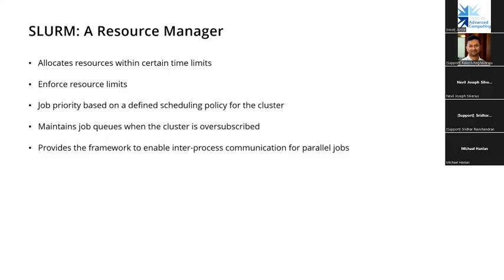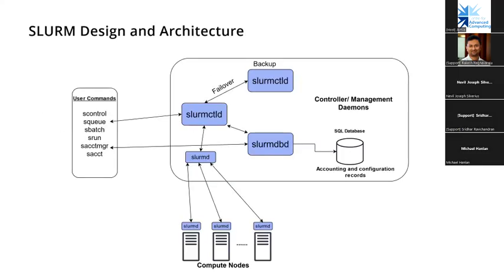And it also provides a framework to enable inter-process communication on the clusters. Typically, we have parallel jobs where each process is communicating with the others to run the simulations, and SLURM enables these communications to happen between the processes that are running on each of the nodes.